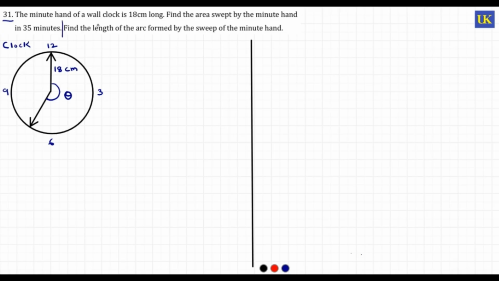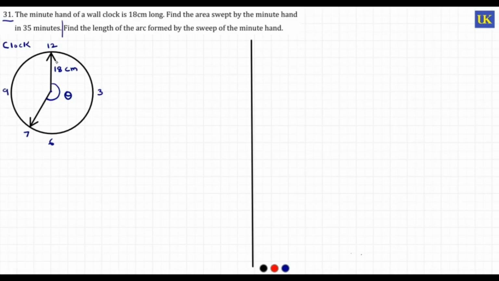Now, the minute hand is 18 centimeter, they are saying. So say this is the center of the circle, the clock. From here, the length of the minute hand is 18 centimeter. Let's say it is starting from here, the start point, and for 35 minutes, the hand will reach here, because at 7 here it will become 35 minutes.